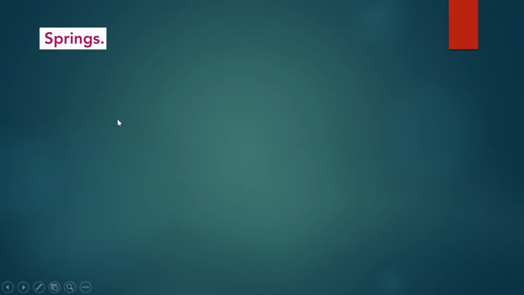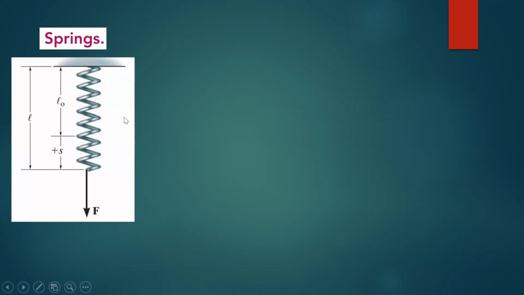This is one of the problems that is normally solved using the equilibrium of particles and its equations.